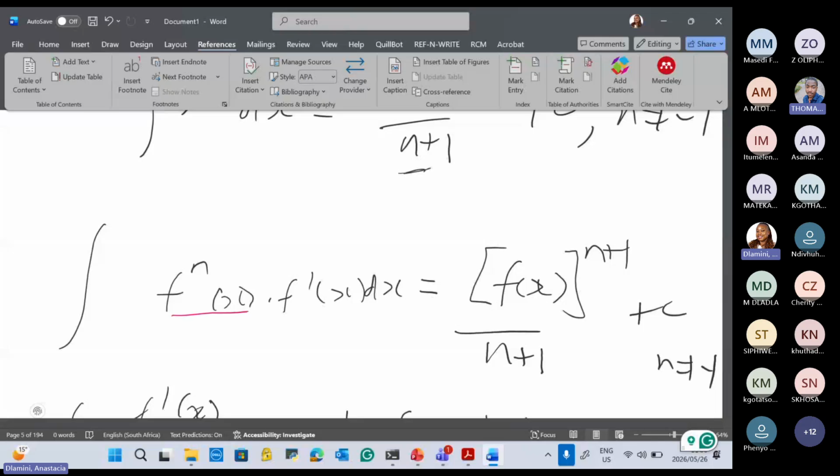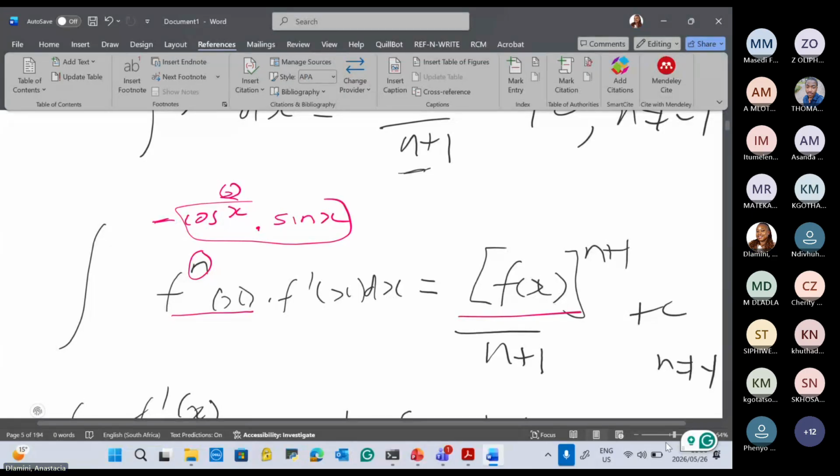It's a function with a power, which is cos squared x, where n is 2. What is the derivative of cos? Negative sine x, isn't it? So you have this. You're just missing this. So therefore, it means you can use that. Do you see that? Yes.